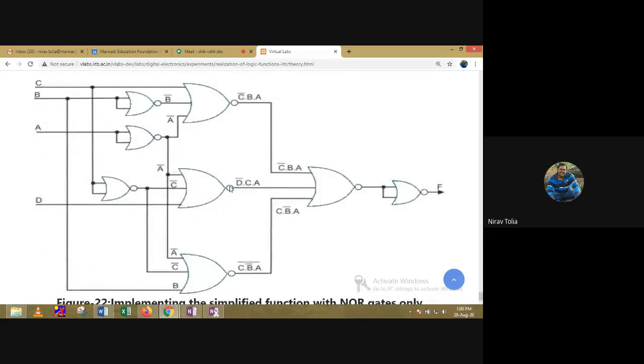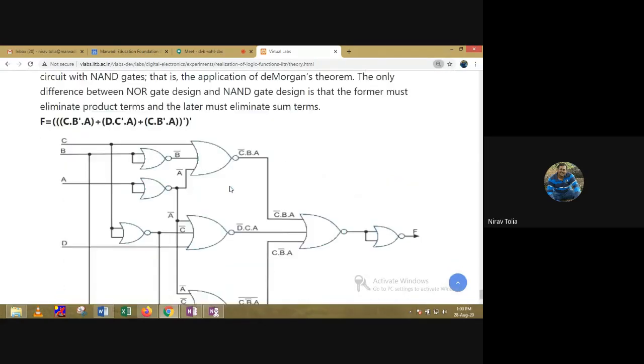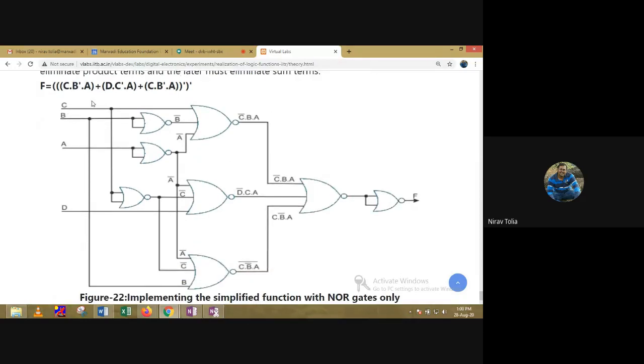If you want to implement equations like this, then you require B bar, A, C bar and E bar. So we require C bar B into A, which is the last one.